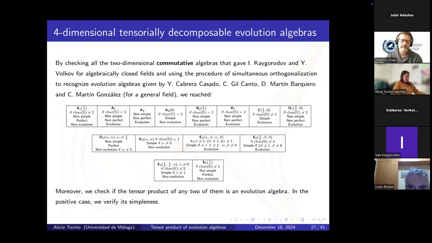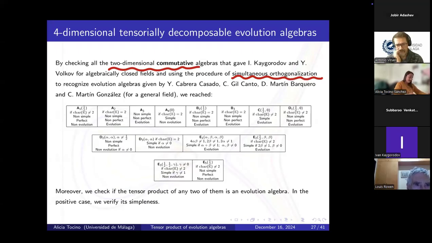Now we start our study focused on four-dimensional tensorially decomposable evolution algebras. What we did is we took all the two-dimensional commutative algebras given by Kaygorodov and Volkov, and we used the procedure of simultaneous orthogonalization to recognize which of them is an evolution algebra.